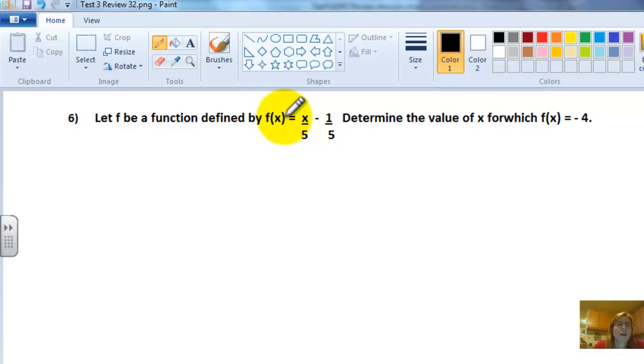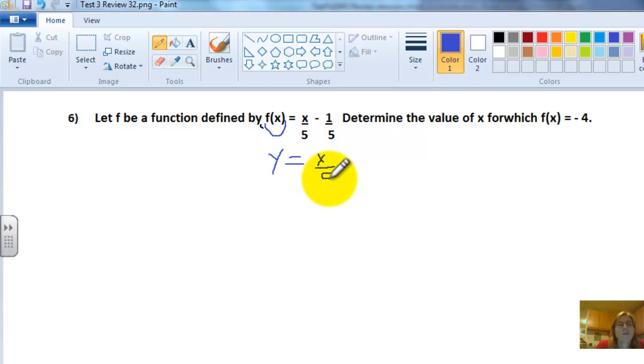So when you have f of x equal to an equation, simply what that means is this f of x can also be thought of as y. It's a different notation. So you're used to seeing y equals x plus something, or x minus something, or x times something.